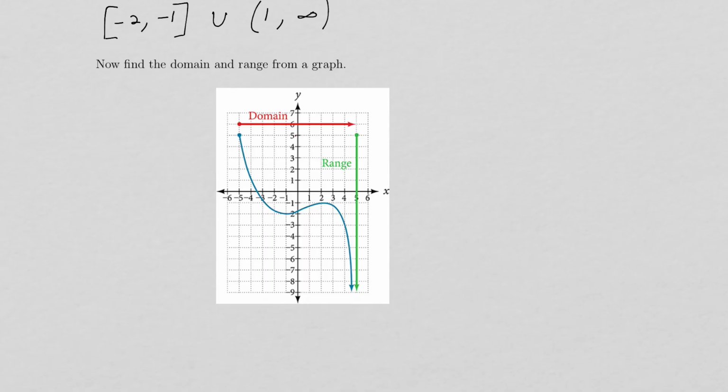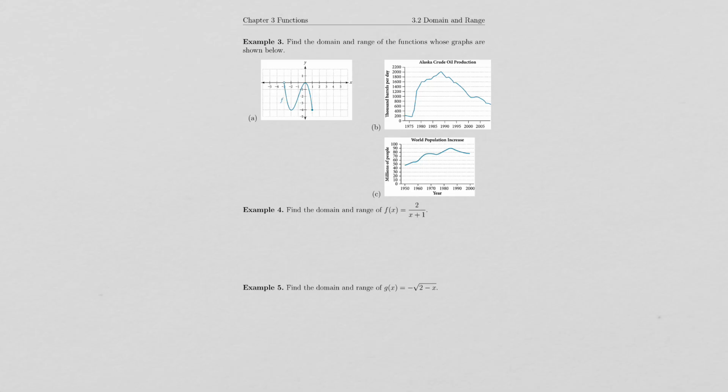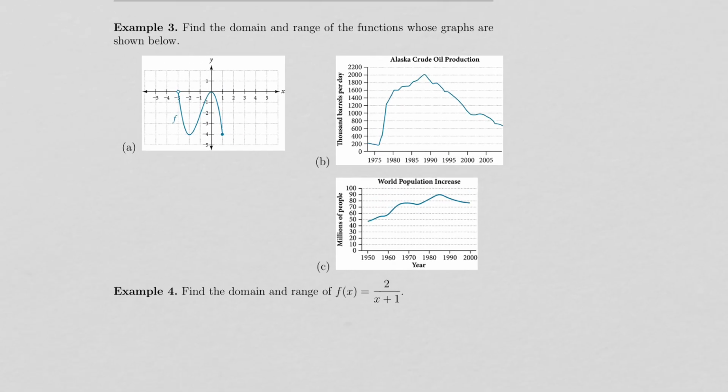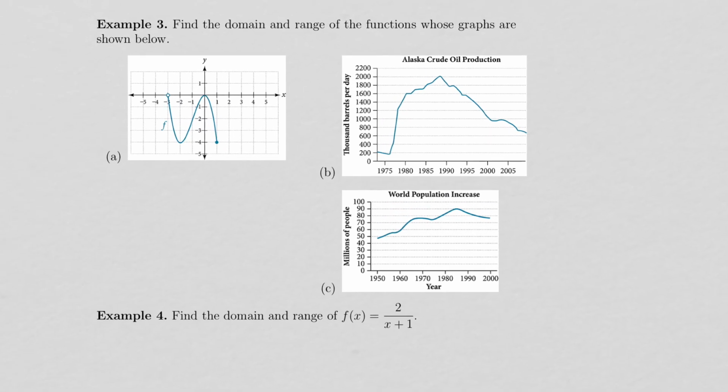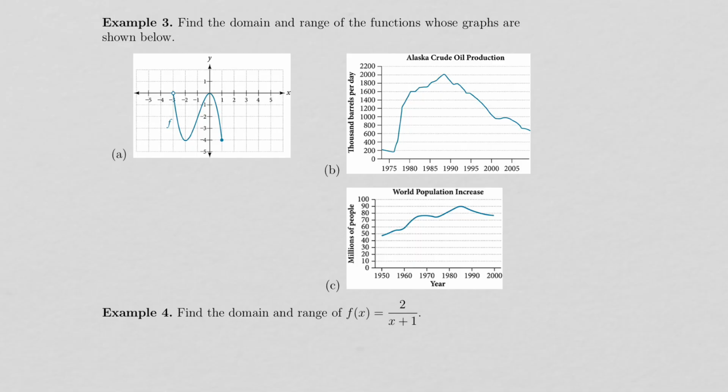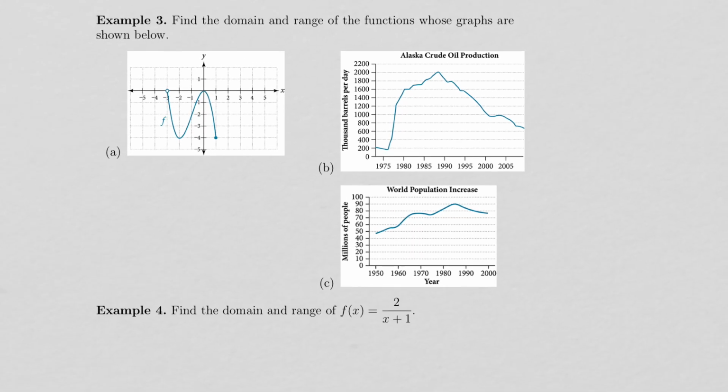Let's see if we can figure out the domain and range of a few different graphs here. In this first case, remember the domain is the inputs. It looks like the leftmost input is not quite -3.